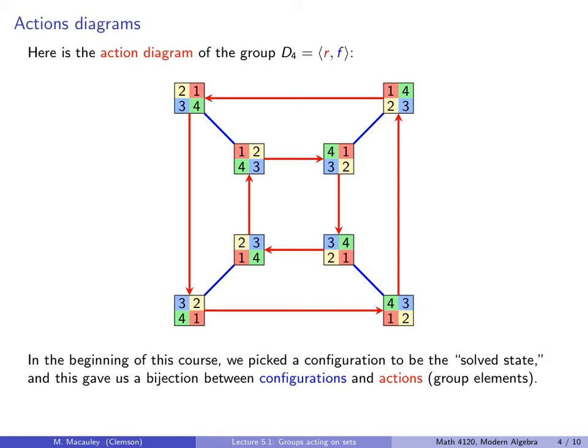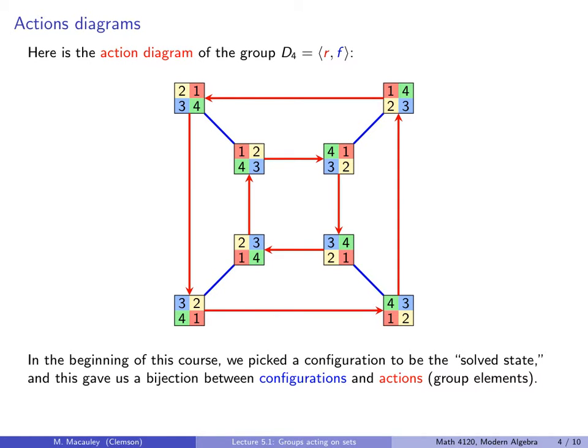Let me remind you how we constructed this bijection between configurations and actions. Way back in the beginning of the course, we picked a configuration and declared it to be the solved state. For example, this configuration right here, 1, 2, 3, 4, in clockwise order.